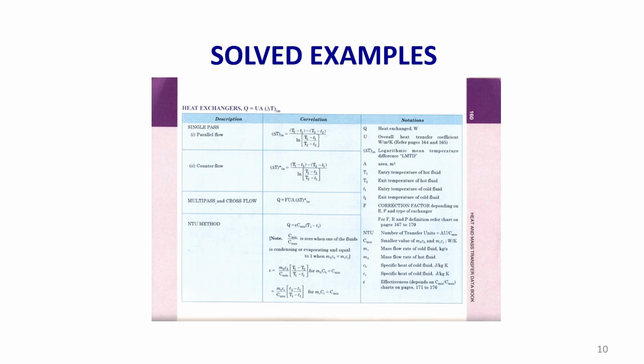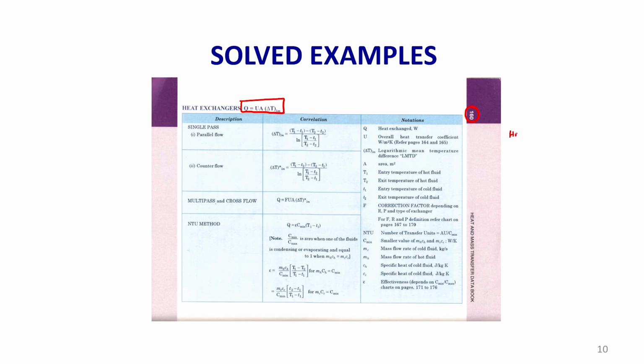Now before moving to the second numerical question, on page number 160 of the data book, we will find the equations for the LMTD method. This is the basic equation: Q equal to UA delta T LM, or LMTD, both are the same.